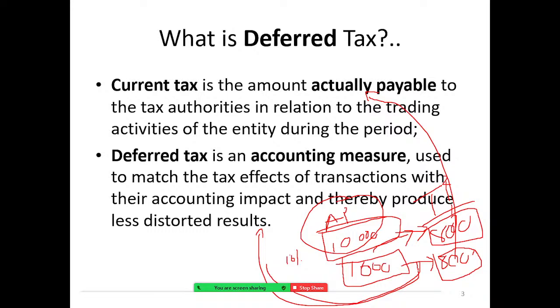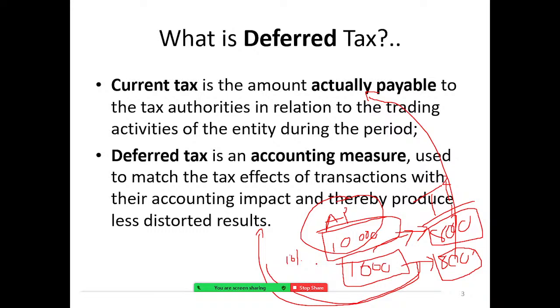Tax difference how much? 200. That 200 will be considered as a deferred tax. Deferred means future tax, right? This is current, this is future. Future tax is 200. Then how much total tax? Total tax is 1,000.